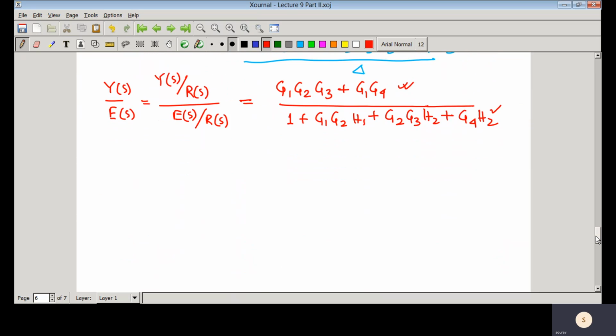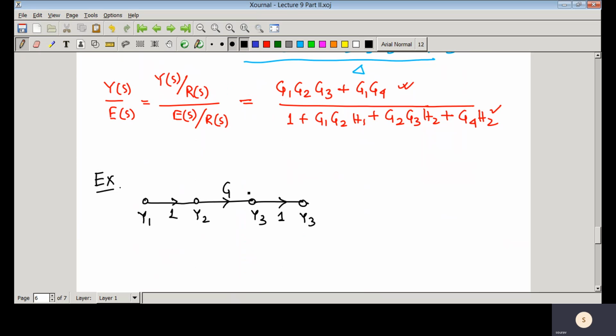So now we'll take one more example. That is a very simple example. That means if you have a signal flow graph like this, suppose you have this variable and this gain is 1 here, and this is y2, this is y3, and here you have that 1 gain.